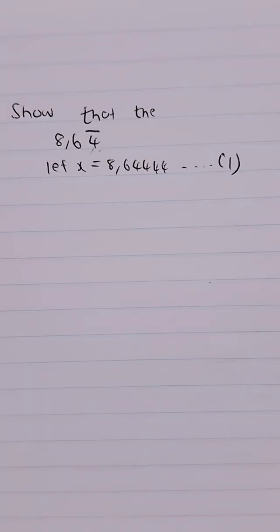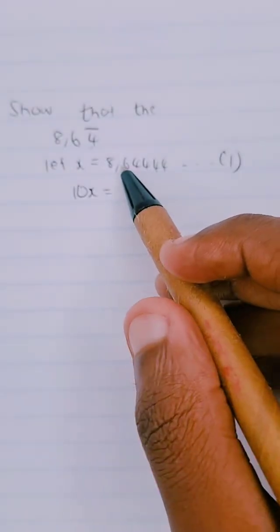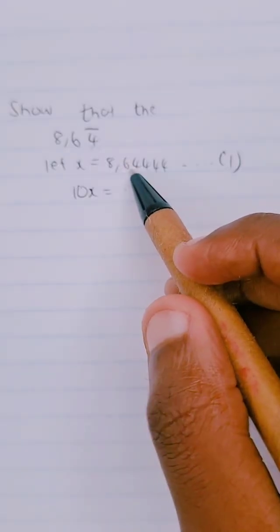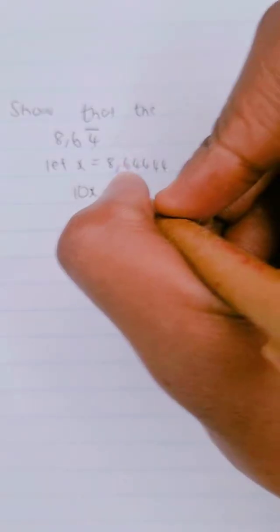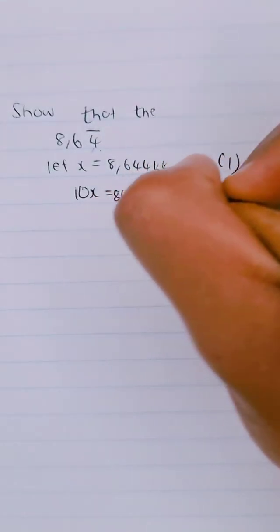Then we are going to multiply by powers of 10. First we multiply by 10x. What does that do? It moves the comma once to the right. So we now have 86.444, that's equation 2.